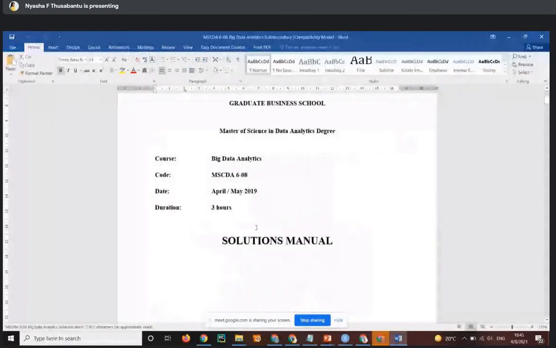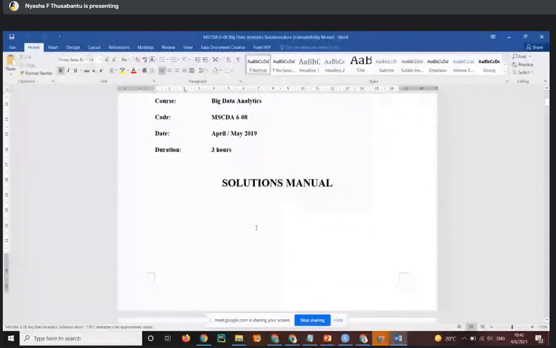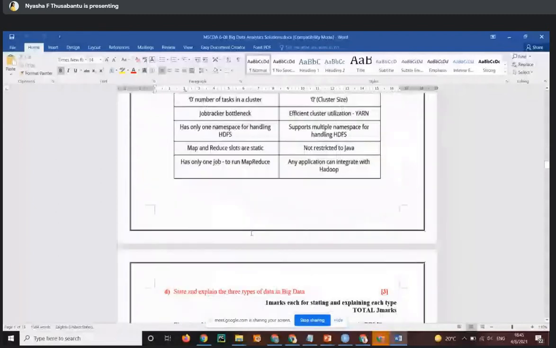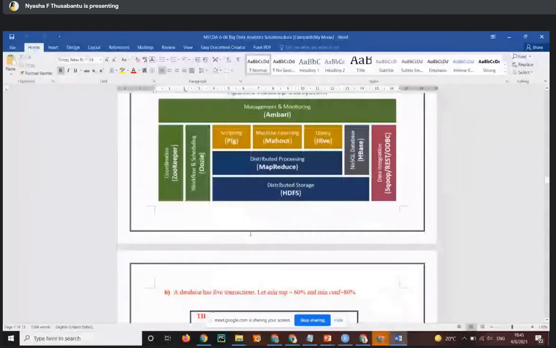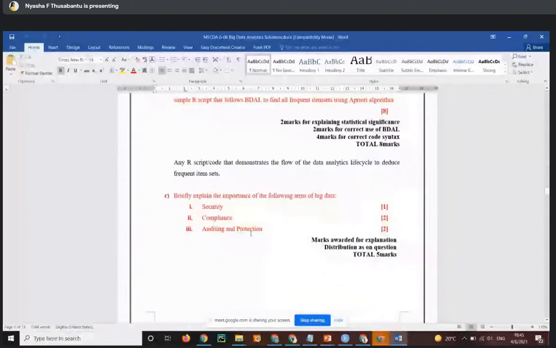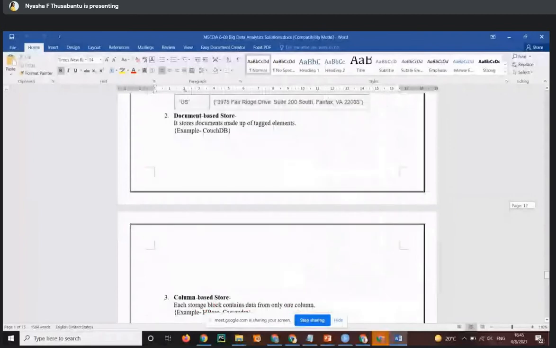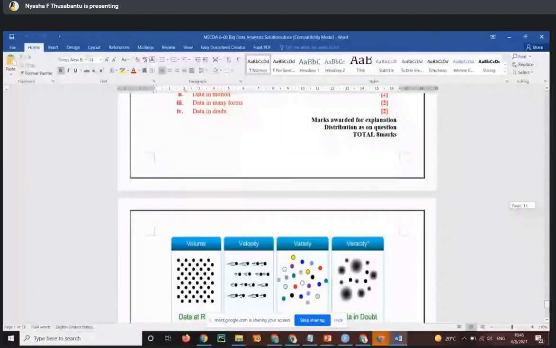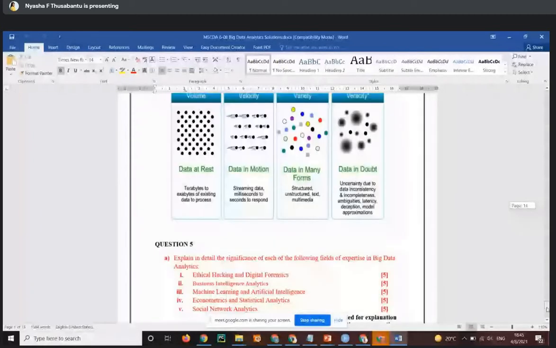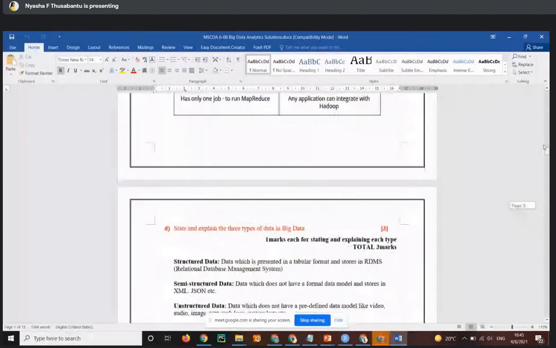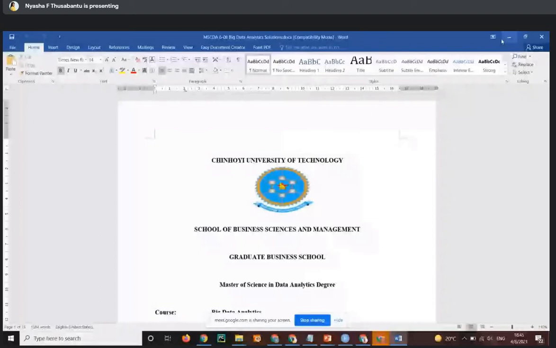This is like the 2019 exam. This one had no case study. If you need these past exam papers, I can also always share them with you. Yes, most definitely, we need them. All right, I'll do that. I'll just create a Google Classroom and then I'll upload all those notes and the past exam papers.